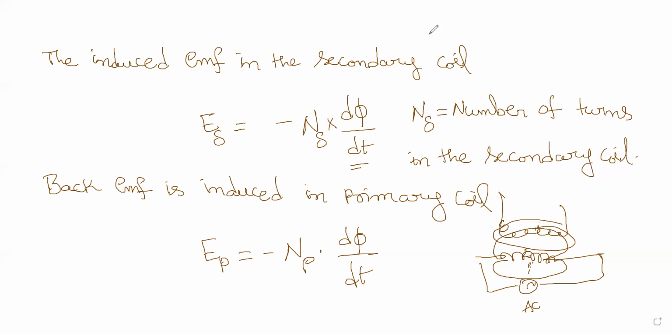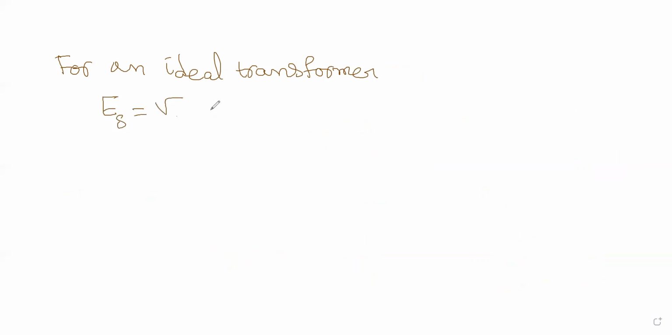For an ideal transformer, ES is equal to VS and EP is equal to VP.